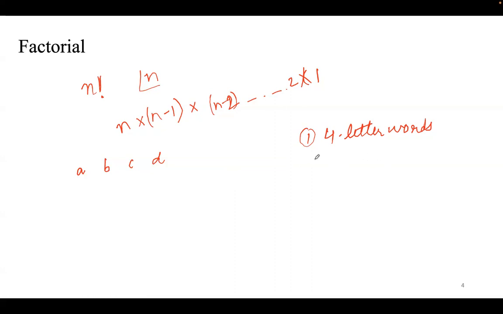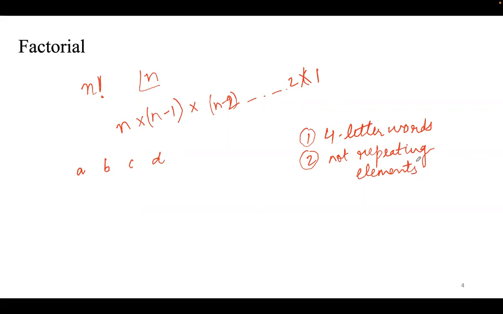I'll explain what that is. The second thing is you are not repeating the elements. When we say you want to make a 4-letter word, you're not making a word like AAAA. You just have a single A available, a single B, a single C, and a single D available.